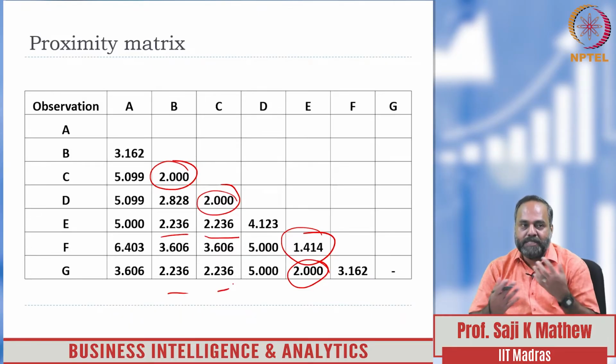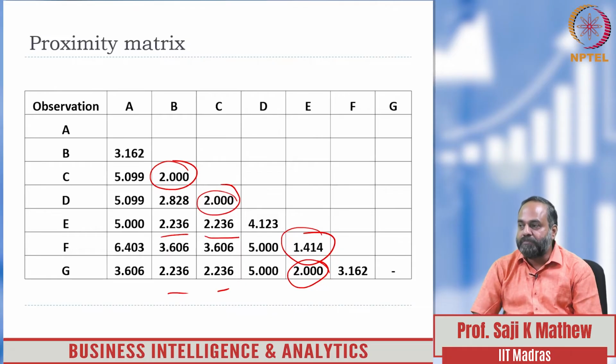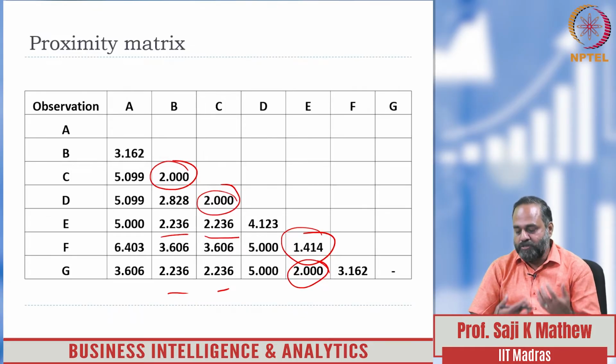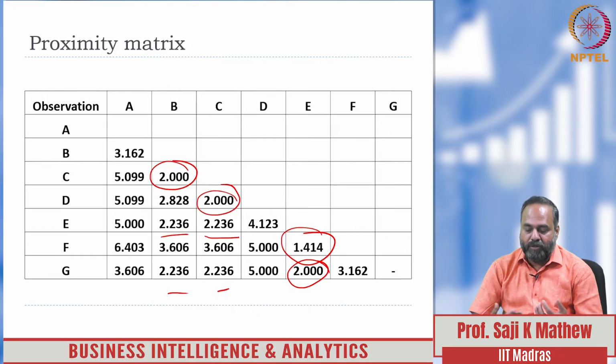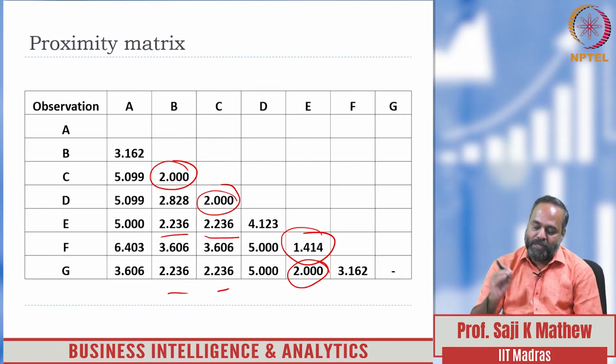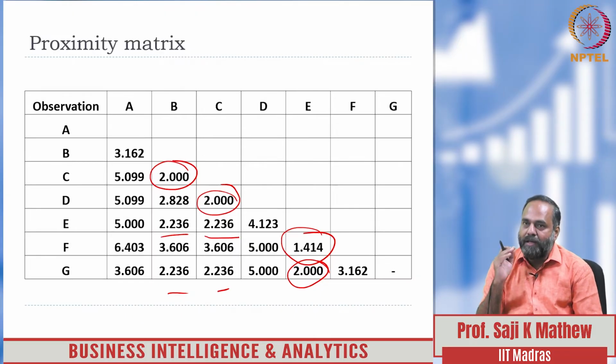So this proximity matrix gives us a sense of the distances, and if we can put them together using some method, some algorithm, then we know how to proceed. Start with the shortest distance, bring together those with similar values into one group, and then build upwards based on the value of distance.